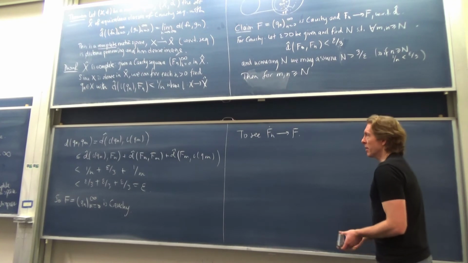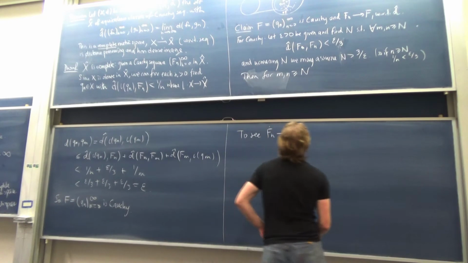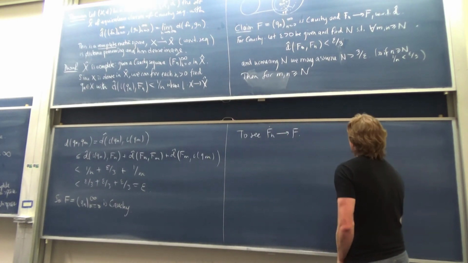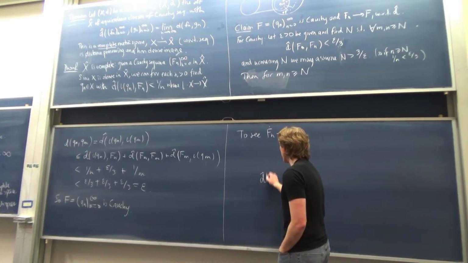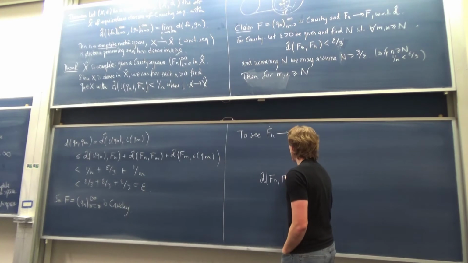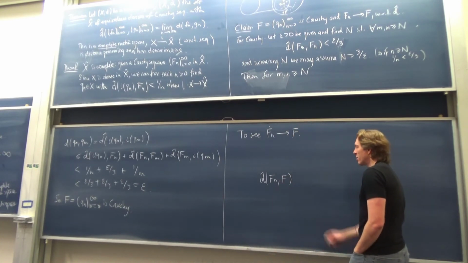It's basically the same argument. What am I going to do? I want to make this small by making n large.